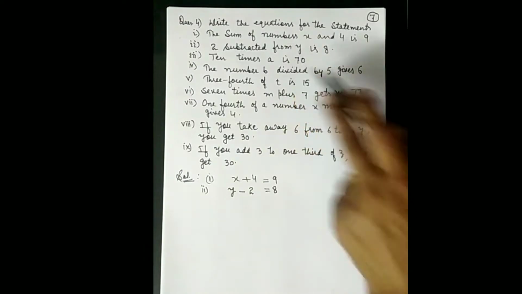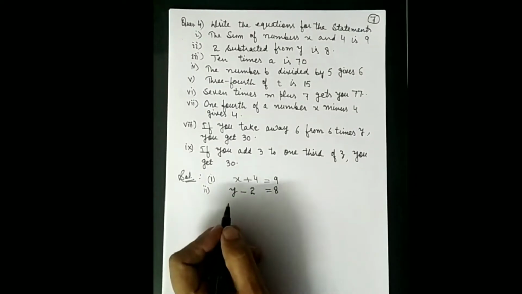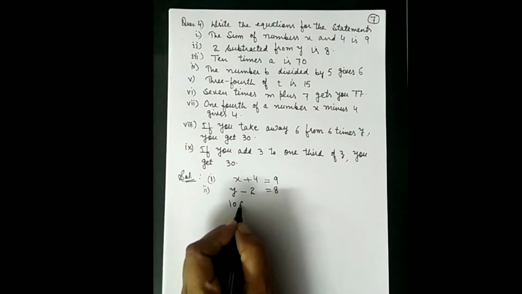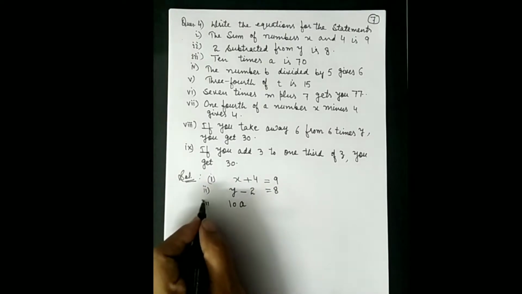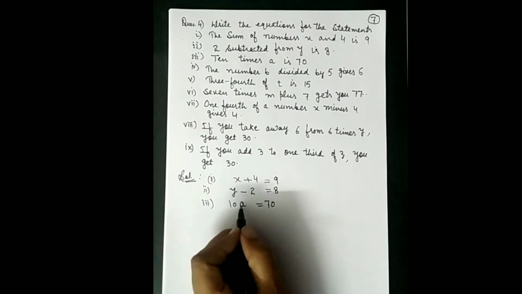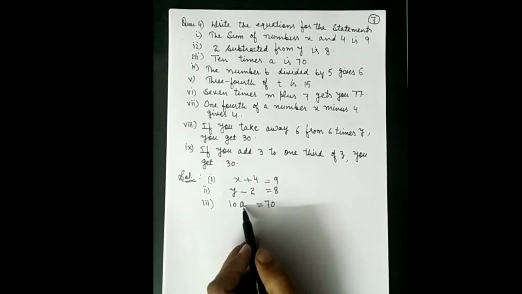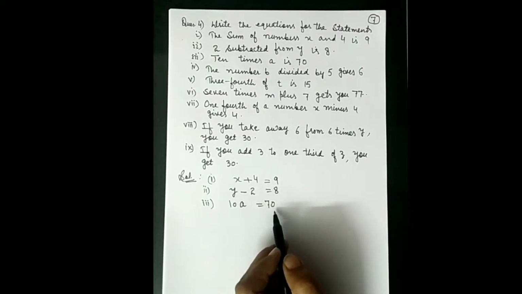Third part: 10 times a is 70. 10 times a means 10 into a. It gives 70. 10 multiplied by a is equal to 70.